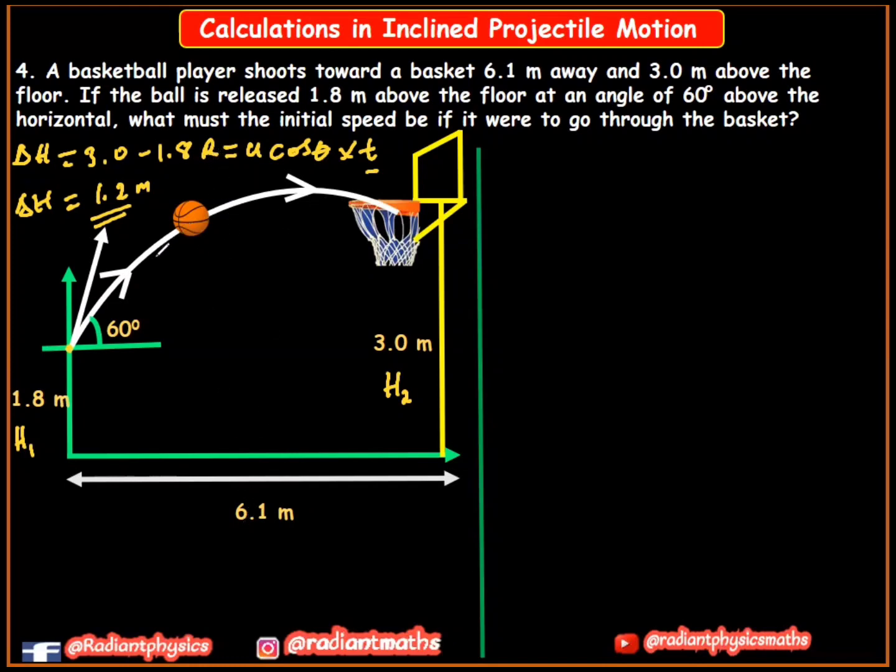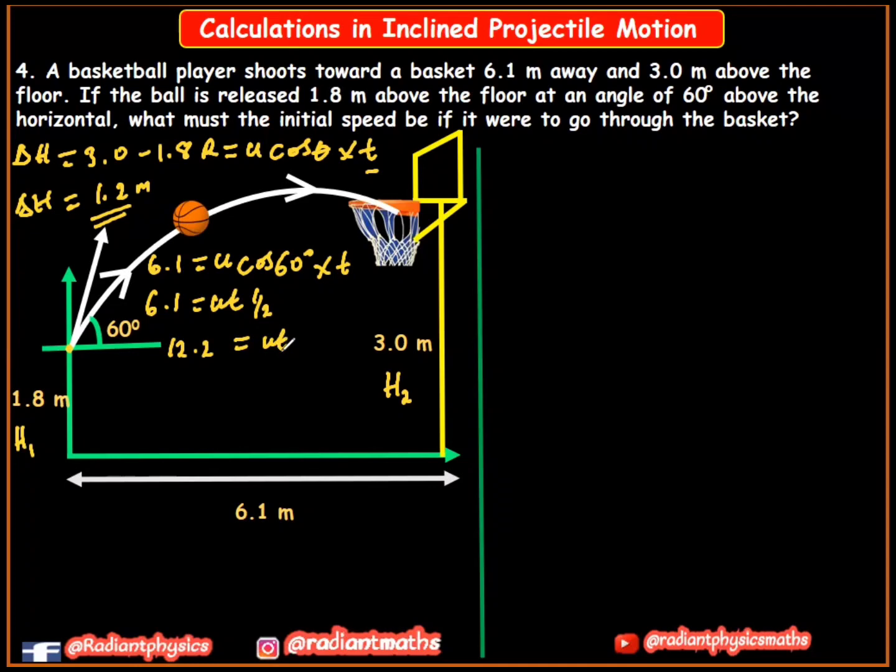The range is 6.1 meters, 6.1 equal to U, we are looking for it, cos theta, where theta is 60 degrees, then multiply by time. So here we are having 6.1 equal to UT times cos 60 degrees, which is 1 over 2, half. Now we need to cross multiply: 2 times 6.1, we are going to have 12.2 equal to UT.